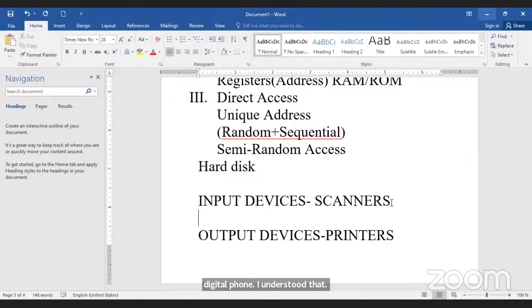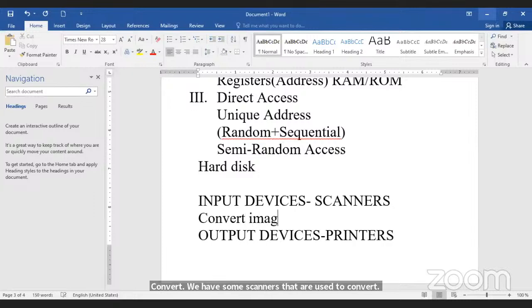Then we have some scanners that are used to convert images into files.